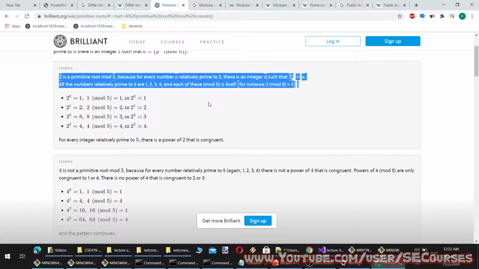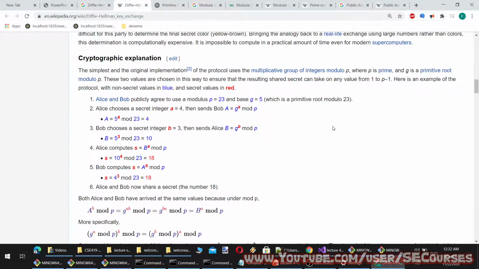All the numbers relatively prime to 5 are 1, 2, 3, 4, and each of these mod 5 is itself, for instance 2 mod 5 equals 2.